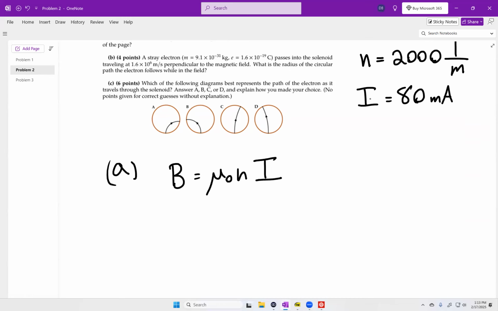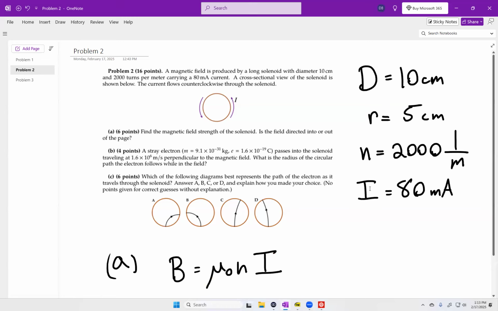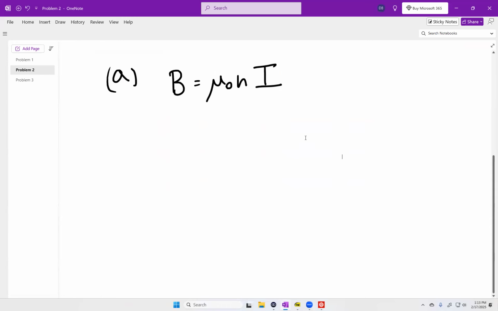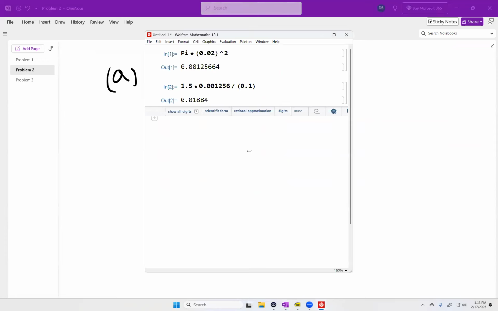Okay, we just have our formula for the magnetic field inside a solenoid, mu naught n times I. And we can just plug in, right? We have I, we have n, and mu naught is constant, which I actually need to look up.